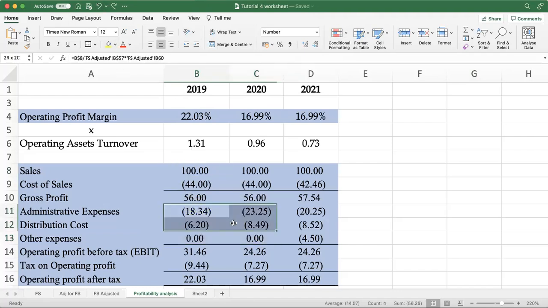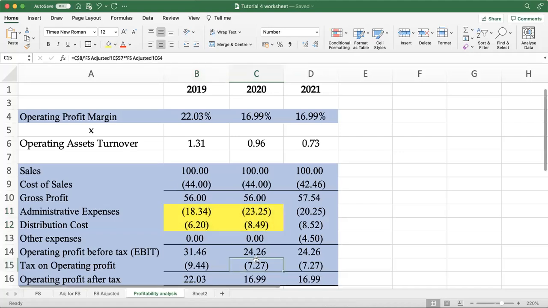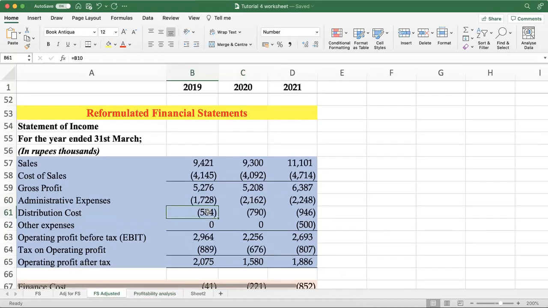So again, you have to find out why this has happened. If you see the values, you see sales decline, but distribution cost increase.